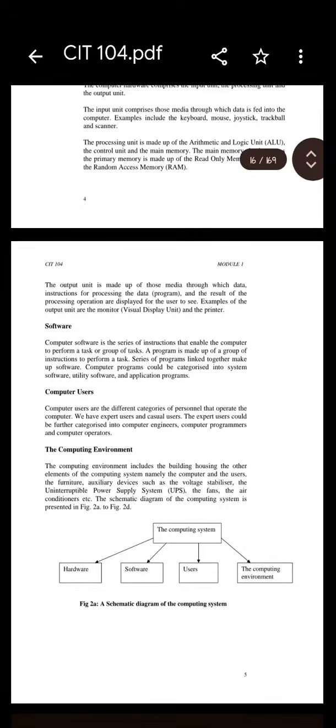Write it down. Any software that can be used to maintain, protect, manage, or optimize a computer system is called a utility software.